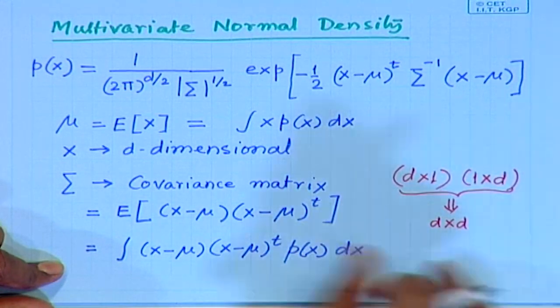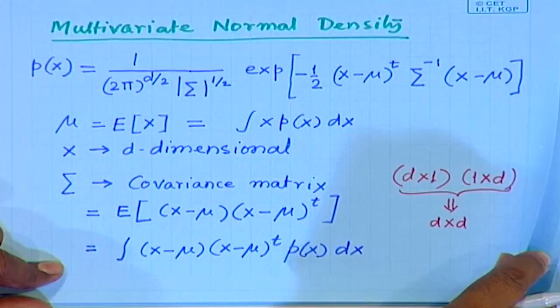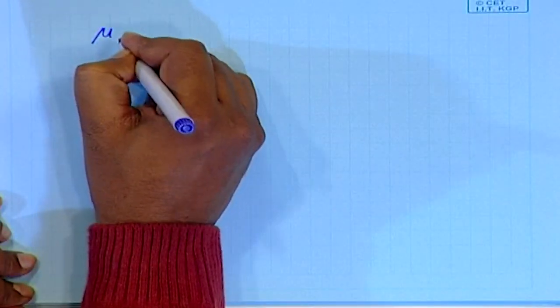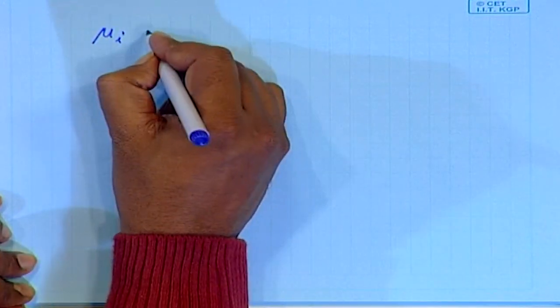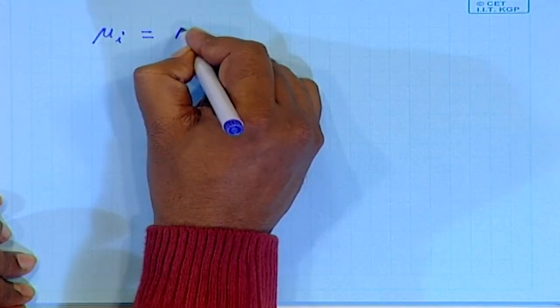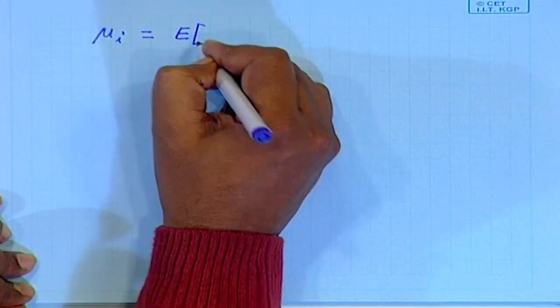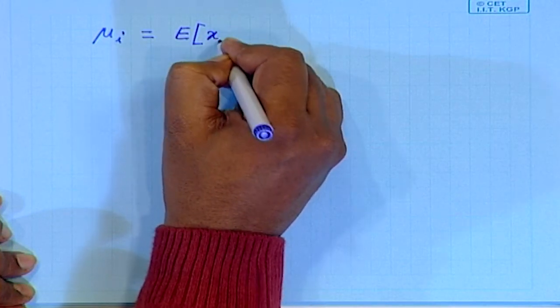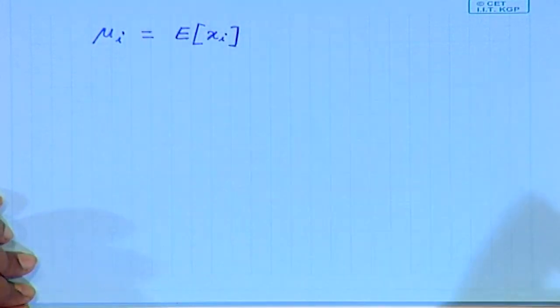Now, from here, if I try to compute the expected values of individual components, the expected value of the ith component mu i is nothing but the expected value of xi, which is the ith component of our feature vector capital X.